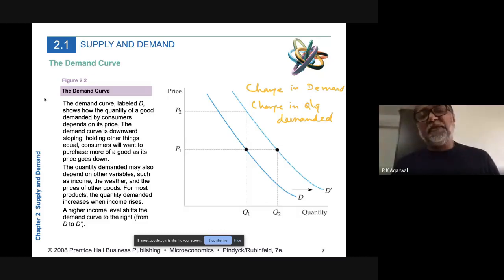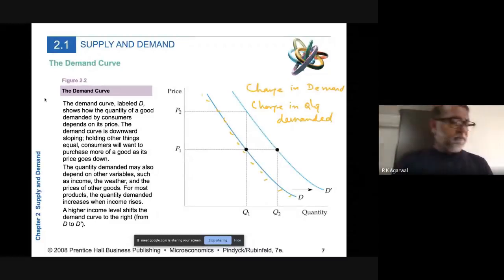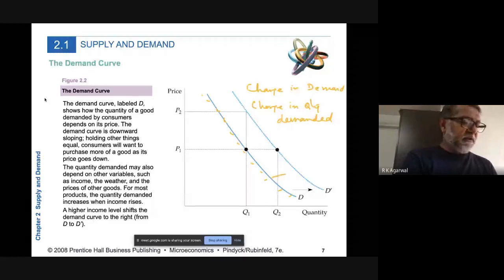When the demand curve shifts. When do we use the term change in quantity demanded? When we move along the demand curve. So if you move along the demand curve like this, then it is change in quantity demanded. But when you move off it, then it is change in demand.